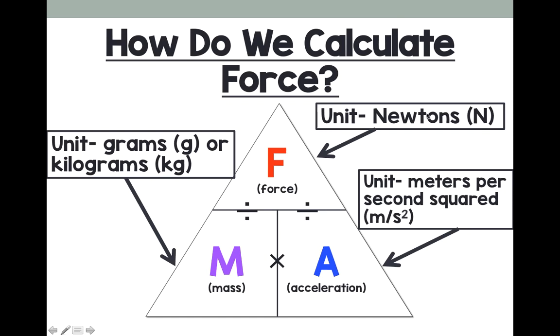For force, we use the word newtons, and that's because Isaac Newton is the person who discovered force and gravitational pull, and he is the one who is credited with really discovering what force is and how it works. And so we use the word Newton as a unit for any type of force, and we use a capital N. It's not a lowercase n, make sure it's a capital N.